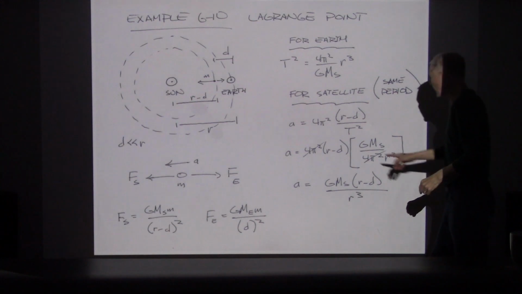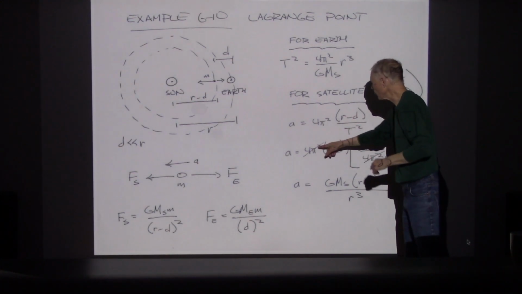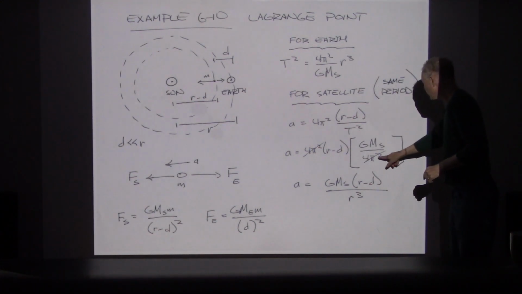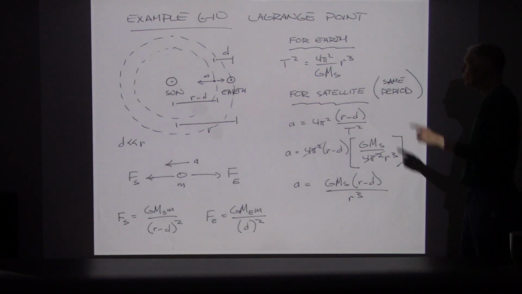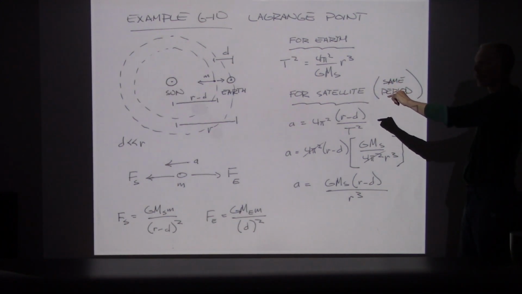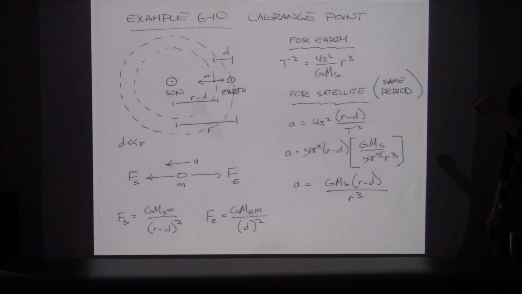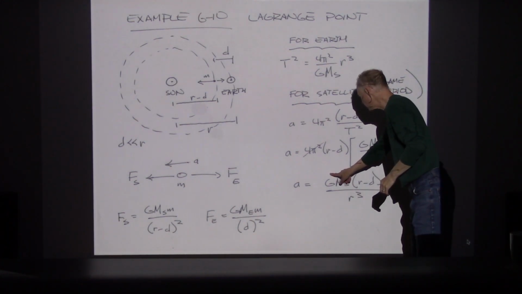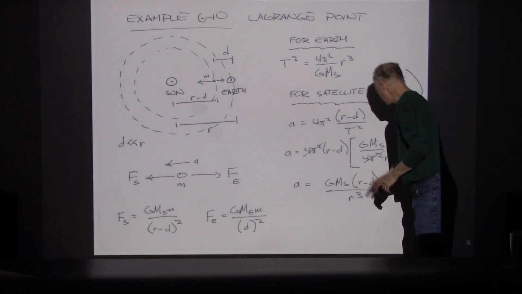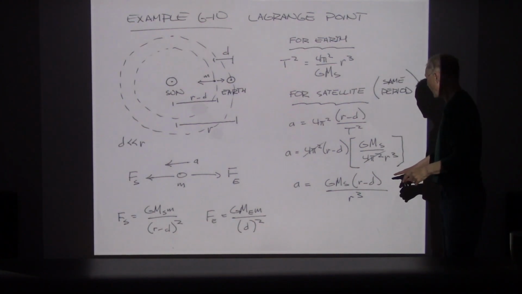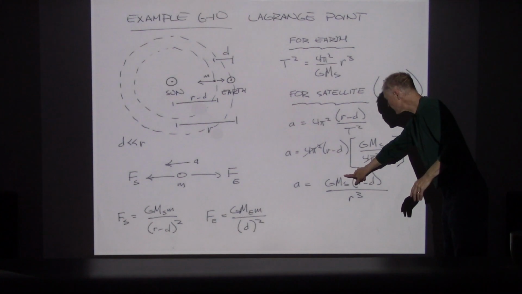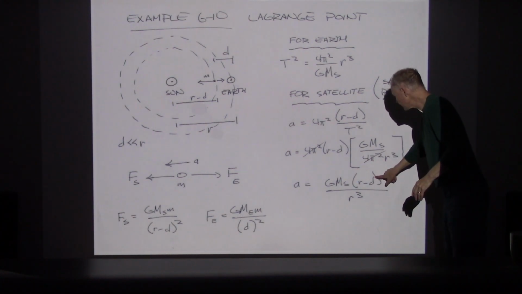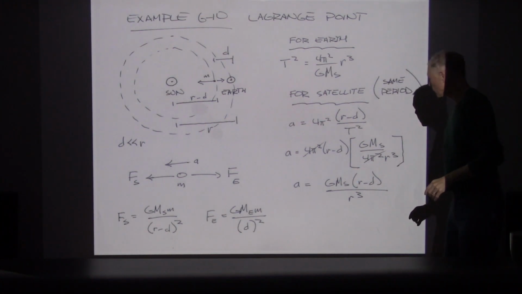Now when we do that, some things cancel. The 4 pi squareds cancel. And for that satellite at the Lagrange point 1 that we've identified, it's going to need to have an acceleration of big G, mass of the sun, times r minus d, over r cubed.